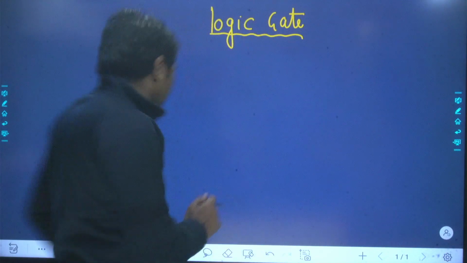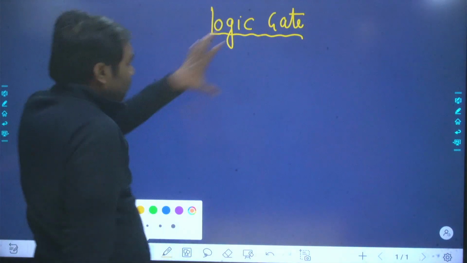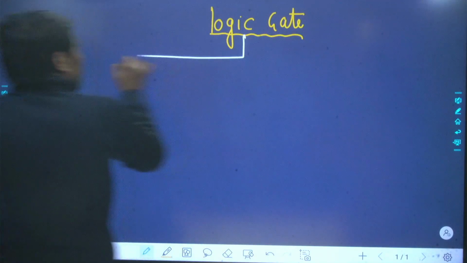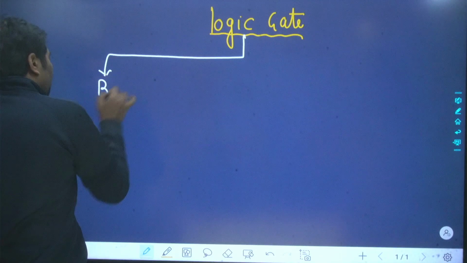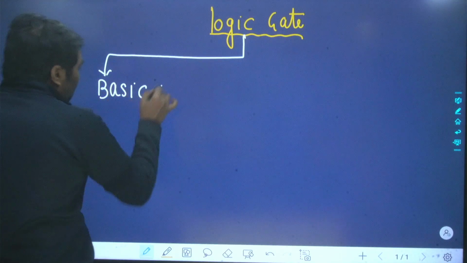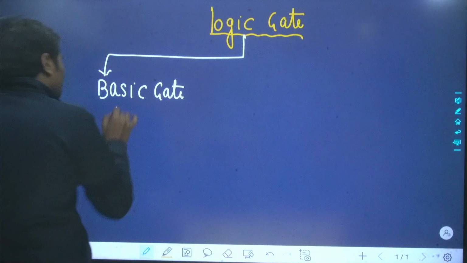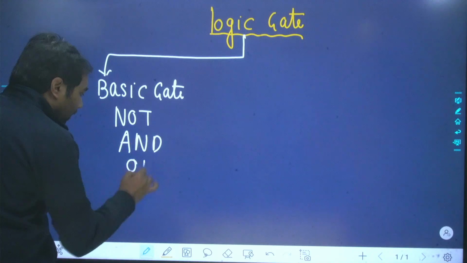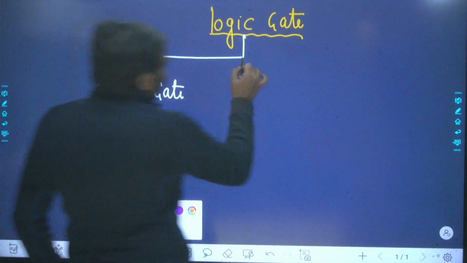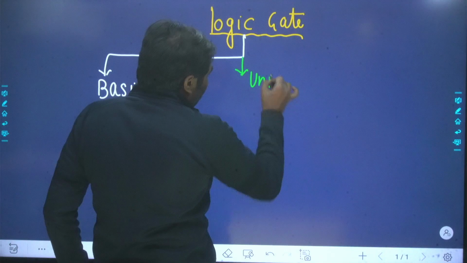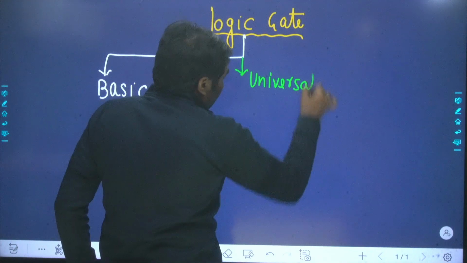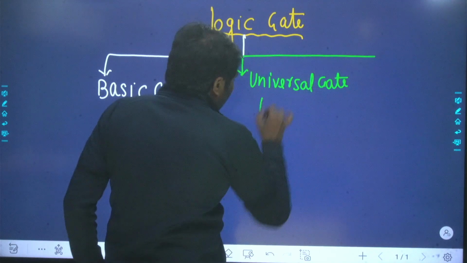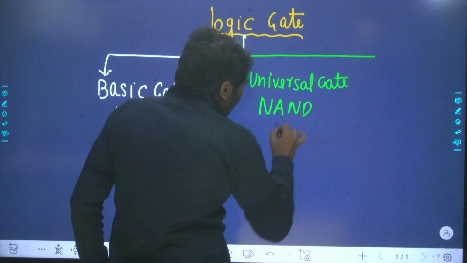But before going to anything, first I am going to describe how many types of logic gate there are. First we are interested in the basic gates, that is NOT gate, AND gate, and OR gate. Second is the universal gate, that is NAND and NOR gate.